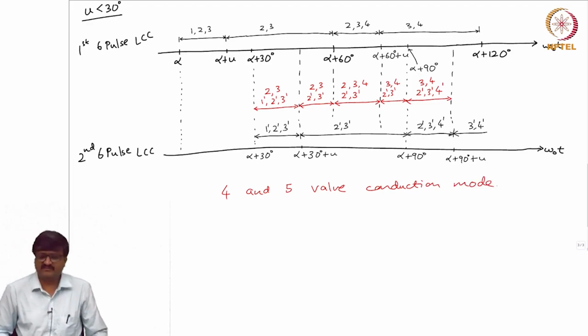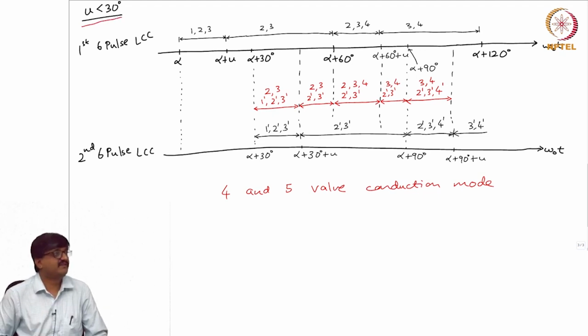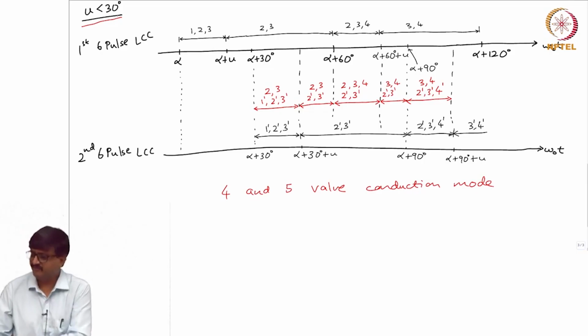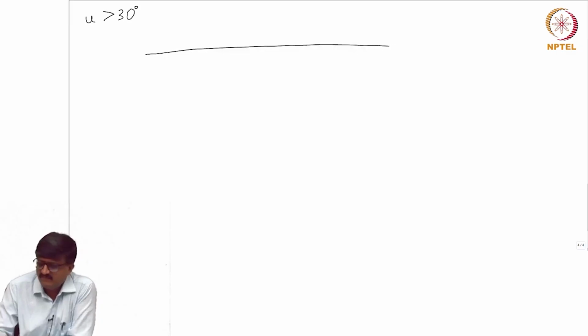Now, this is corresponding to u less than 30 degrees. So, even for normal operation of the 6 pulse LCC, I can have another possibility, u greater than 30 degrees. So, what happens if u is greater than 30 degrees? Let us quickly go through that also. Suppose u is greater than 30 degrees. So, let me try to again draw a similar diagram.